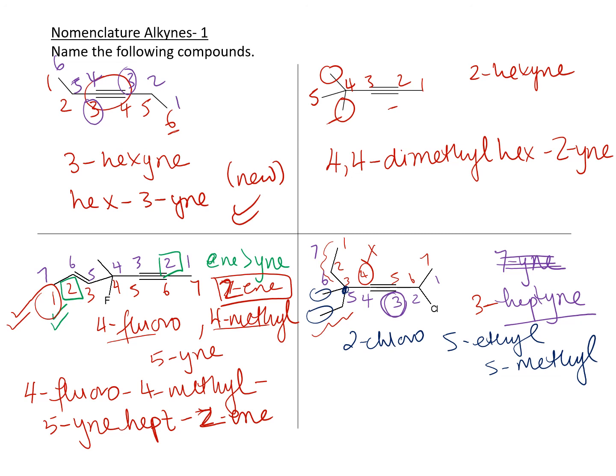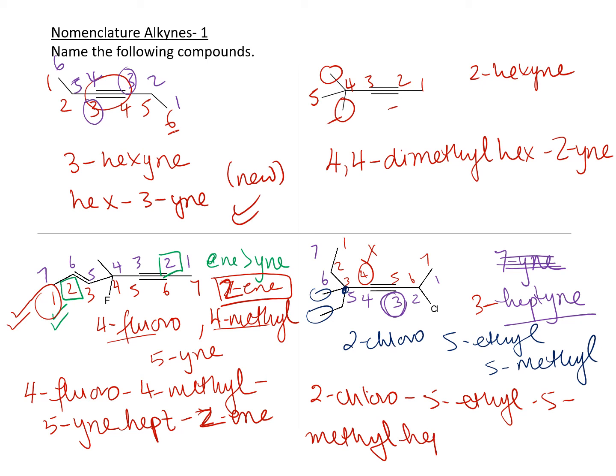I can clean it up a little bit, but not a whole lot, because everything else is kind of circled and numbered. Now for the naming part. I think this is written out exactly the way it is, but I will still write it out again. So 2-chloro, 5-ethyl, 5-methyl, hept-3-ine. That will be the long beautiful name for this compound. Sorry for the little mistakes over here, but that's how it is.